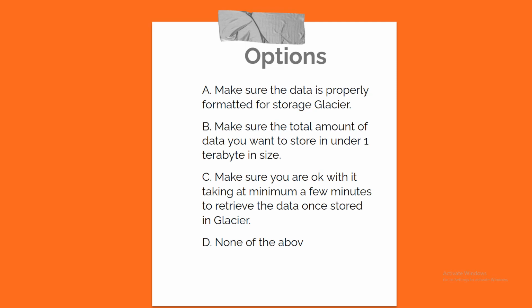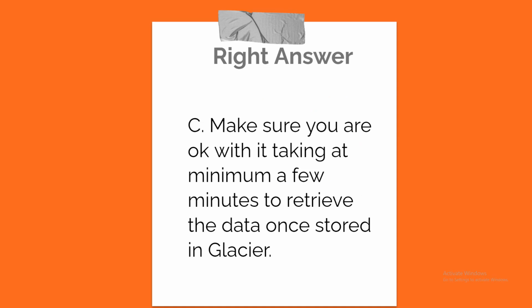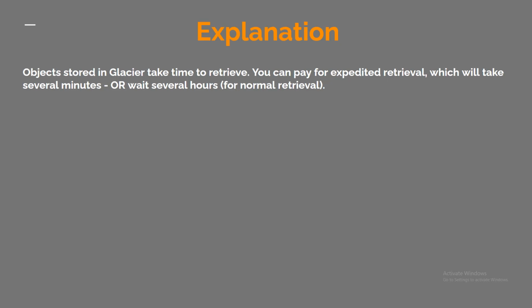C. Make sure you are okay with it taking at minimum a few minutes to retrieve the data once stored in Glacier. D. None of the above. Answer. C. Make sure you are okay with it taking at minimum a few minutes to retrieve the data once stored in Glacier. Explanation. Objects stored in Glacier take time to retrieve. You can pay for expedited retrieval, which will take several minutes, or wait several hours for normal retrieval.